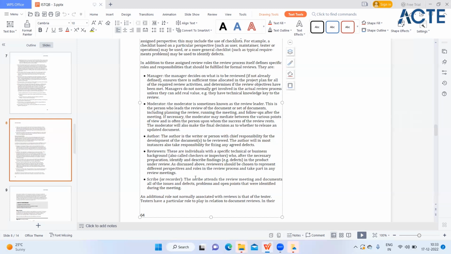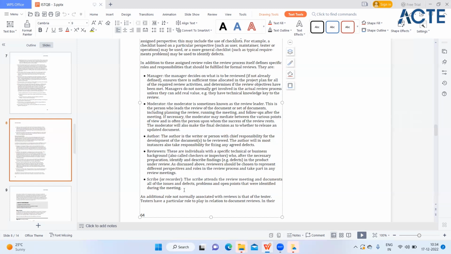Now, who is a scribe or recorder? The scribe or recorder attends the review meeting and documents all the issues, defects, problems and open points that were identified during the meeting. So it is a kind of responsibility. For example, we may have the scrum master role. In some projects it is not defined, but mostly companies now follow having one scrum master.